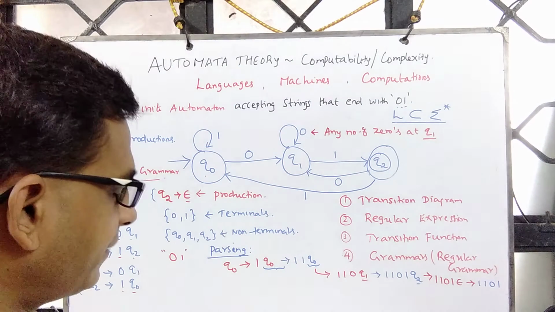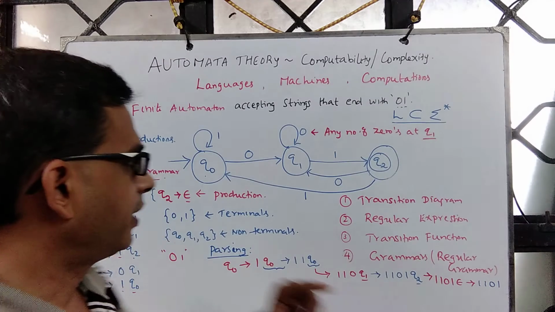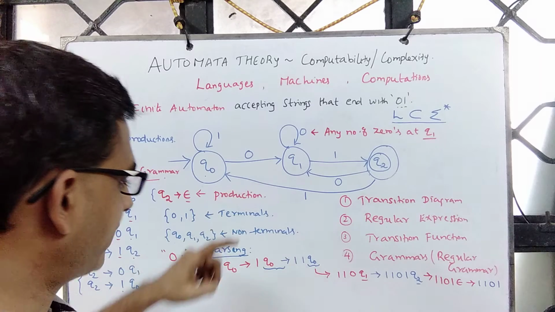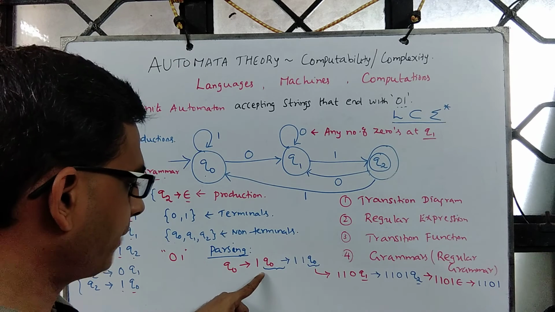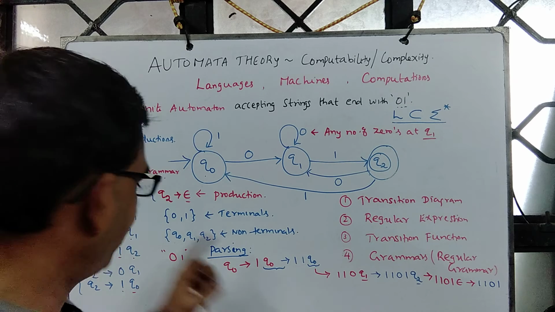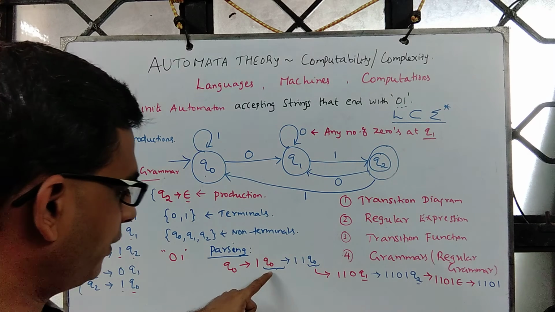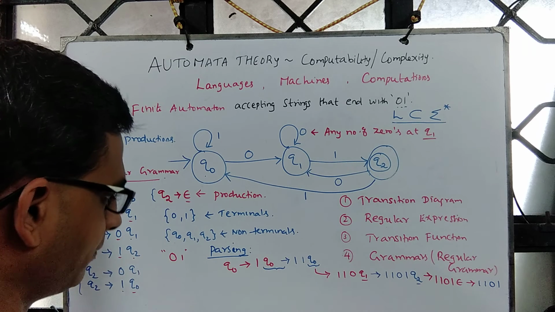So now here is a way to parse this string 1101, which is accepted by this automaton. I always start from Q0 and choose a production. Any production is fine. Then you get to see a non-terminal. Again choose a production starting from that.